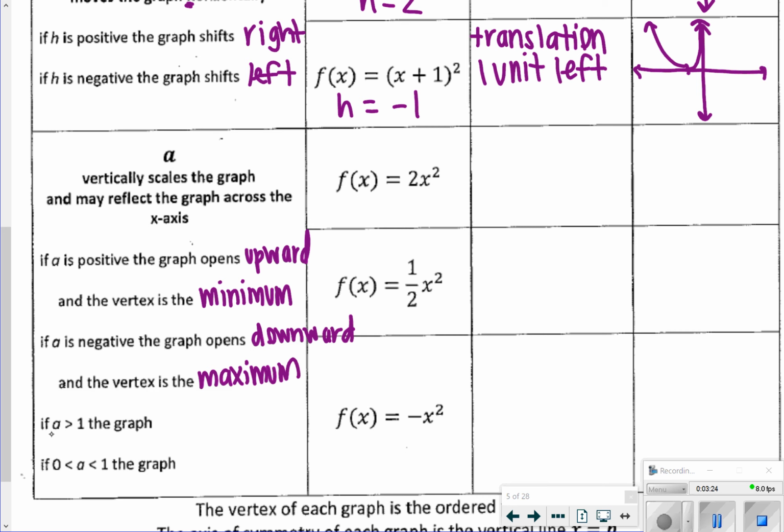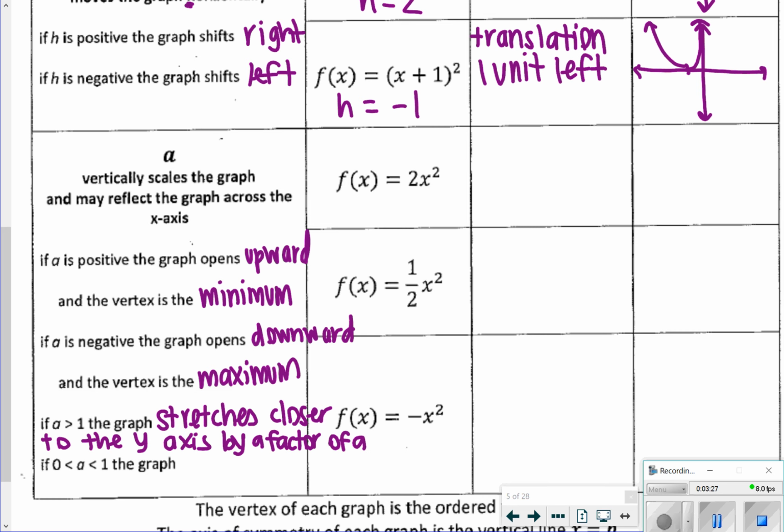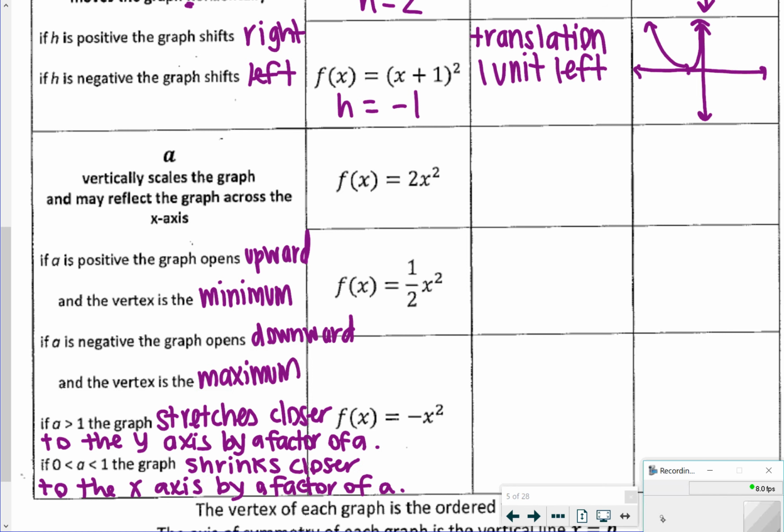Just remember, if A is greater than 1, then the graph will stretch closer to the y-axis by a factor of A. But if A is in between 0 and 1, the graph will actually shrink closer to the x-axis by a factor of A. So we're going to talk about each individual one of these examples real quick.